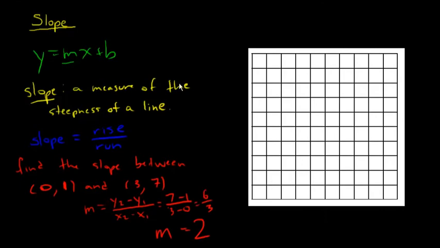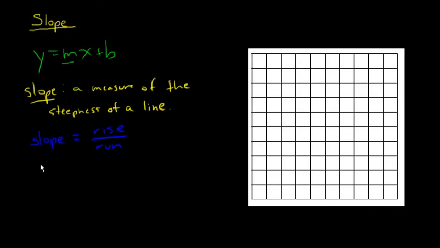Okay, so finally, the last thing for today, if you are given a line, perhaps it's direct or it's a partial variation, and you want to figure out what the m for it is. So let's draw one here. Okay, so remember, a partial variation like this is written as y equals mx plus b.